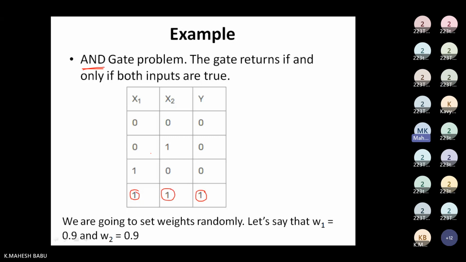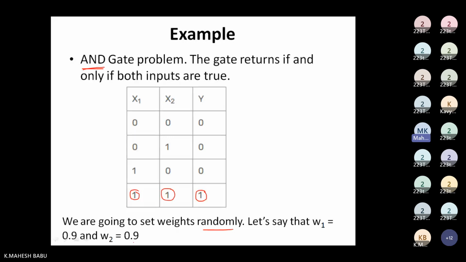So we are finding the same truth table for the AND gate by means of our perceptron model, and we will see how the weights are updated. Here we set the weights randomly. There is no particular rule; we can set random values between 0 and 1. So I am setting W1 as 0.9 and W2 as 0.9.